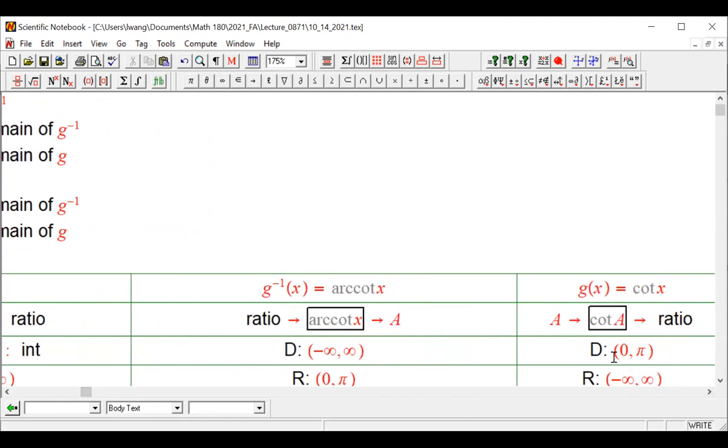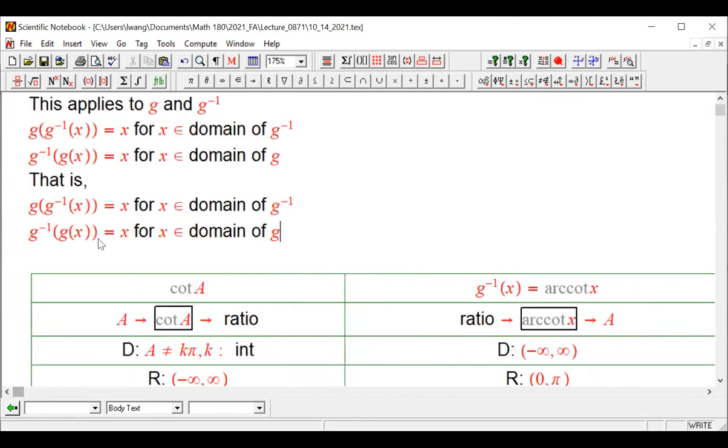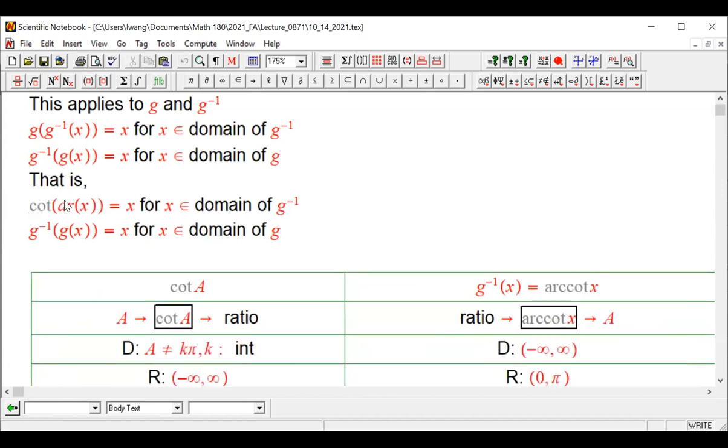This is the G with a specified domain, right? So this G is cotangent. G inverse, ArcCotangent. Okay, and we can remove this parentheses. For X in the domain of G inverse. What is the domain for G inverse?